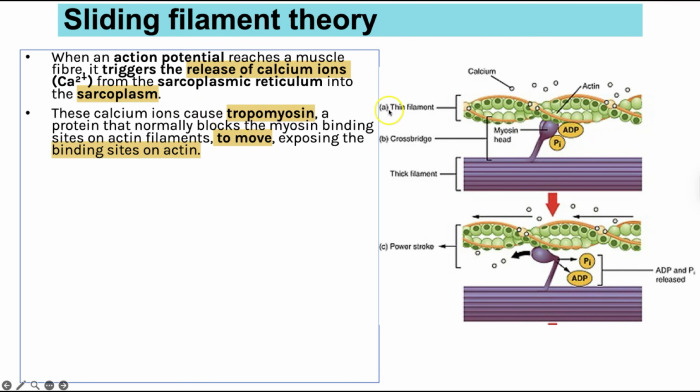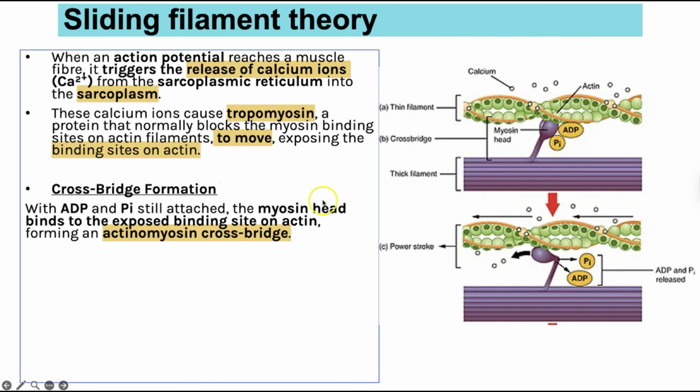And those calcium ions cause tropomyosin, which is a protein that is normally blocking the binding sites on actin, to move, and it exposes the binding sites for myosin on actin. Now, because of that, we get this cross bridge formation. So with ADP and Pi still attached to our myosin head, which is a structure branching off myosin, that can now bind to the myosin binding sites on actin.